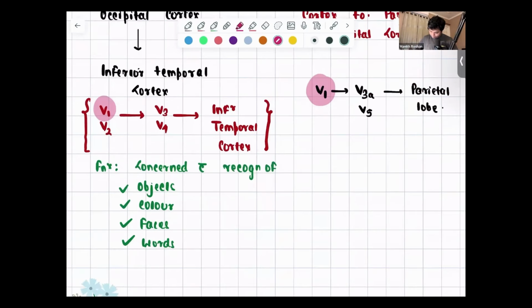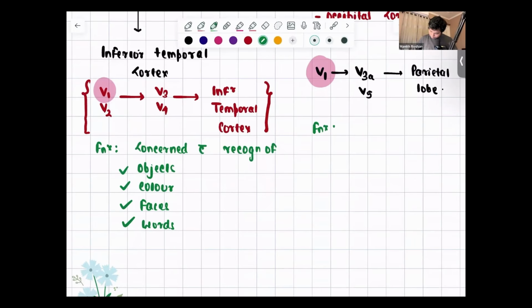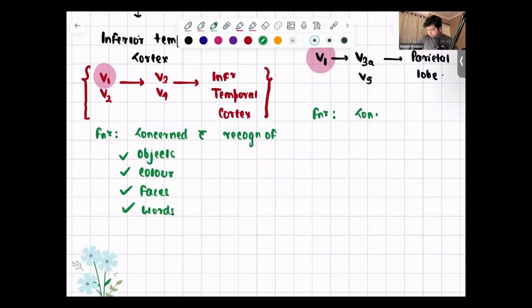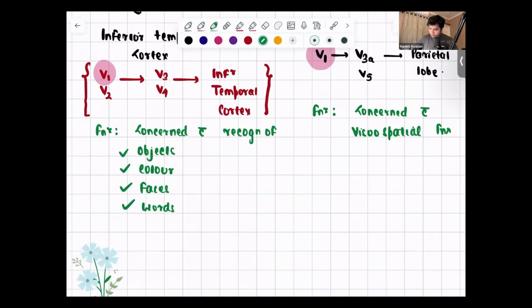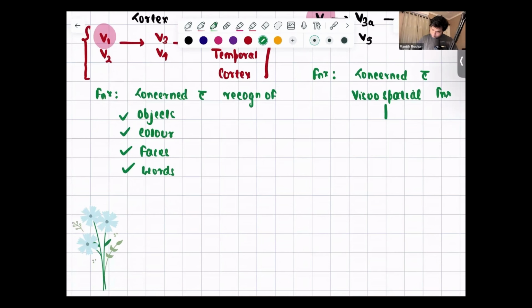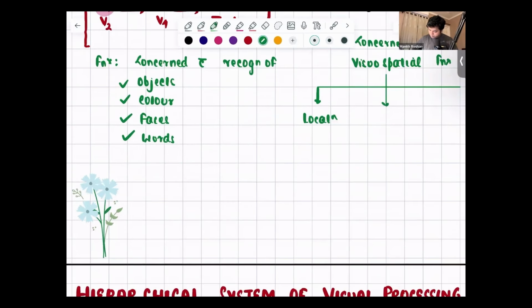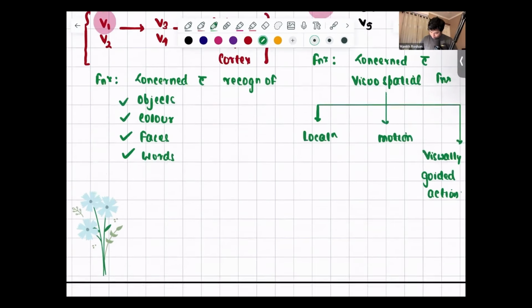So it is concerned with visuospatial function, location, motion, and visually guided action. Remember. Okay, so this is what you need to know.